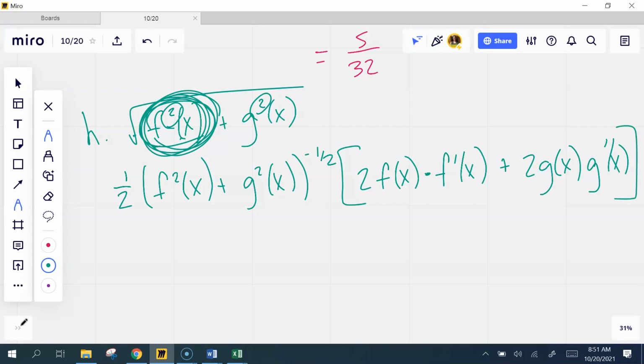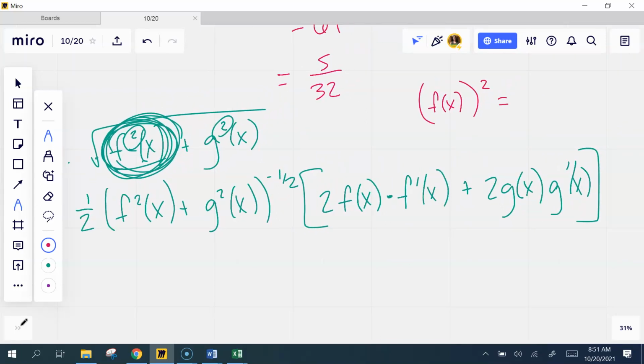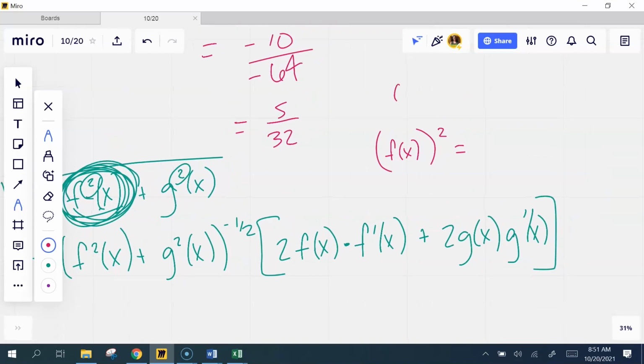That's not it. Because right now, if I asked you to find the derivative of this, which is the same thing, the first thing you would do is power rule, right? This is just like if it was cosine squared x. So you have to do the power first, and then you do the derivative of the inside.